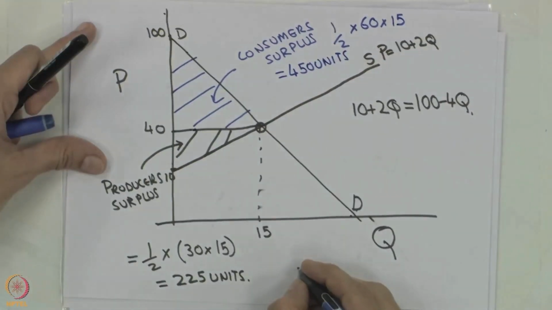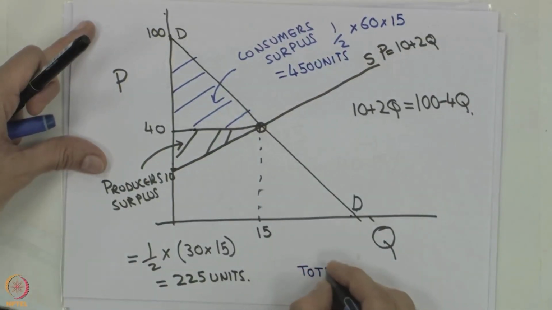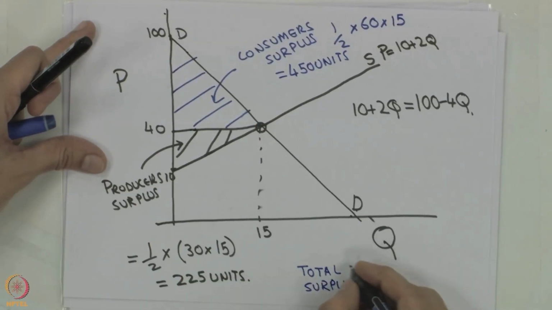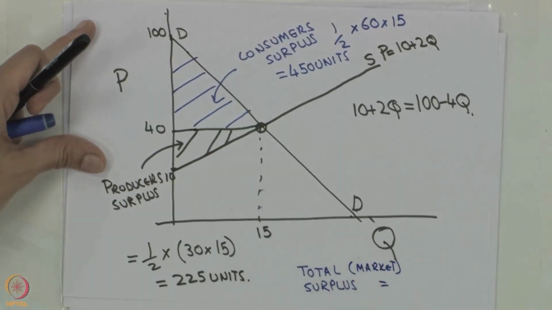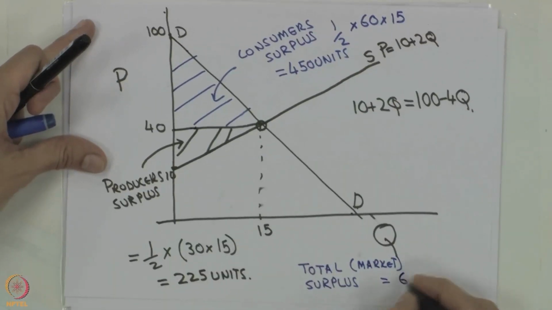Total surplus, also known as the market surplus, is 450 plus 225, 675 units.